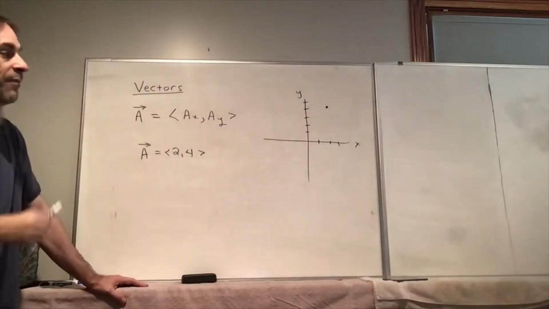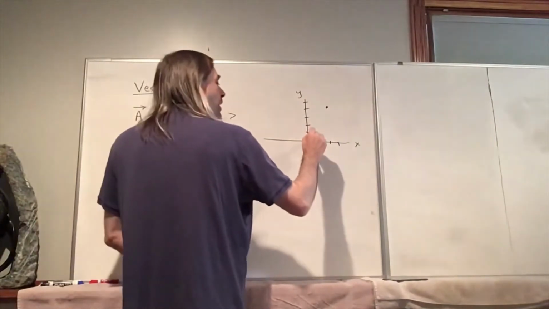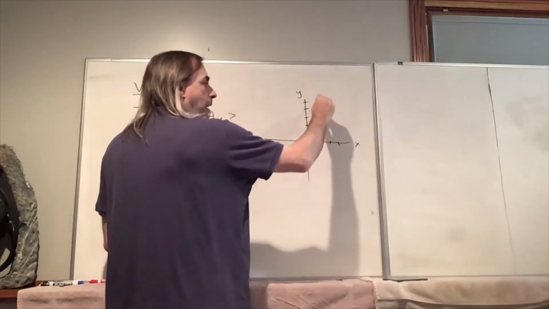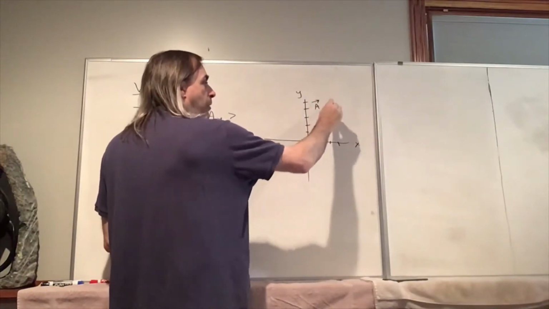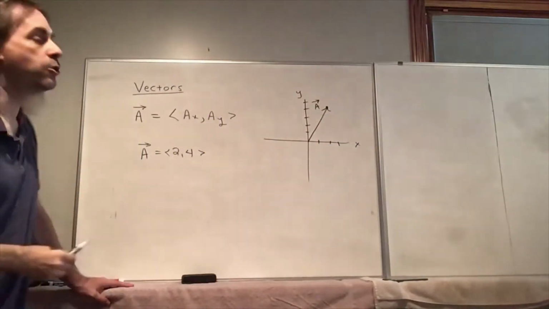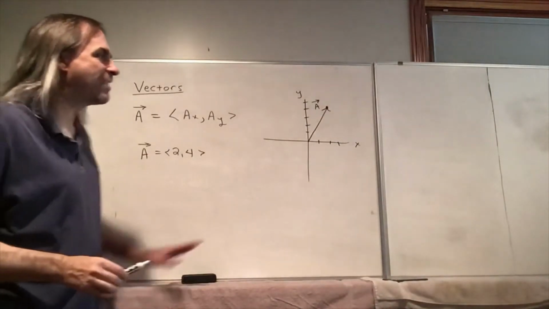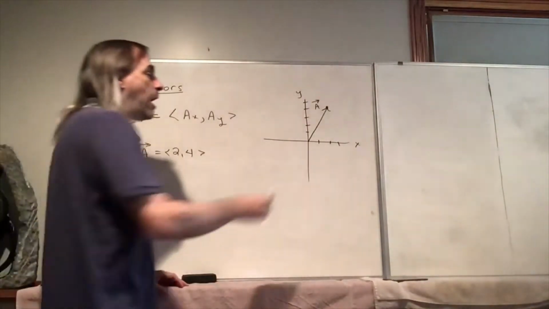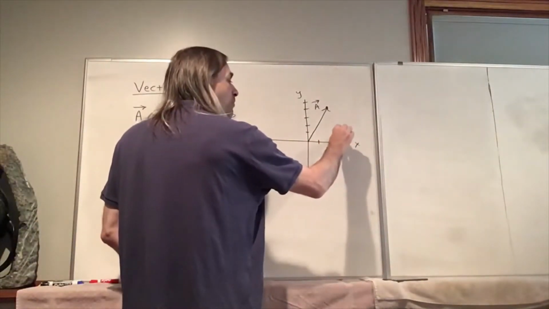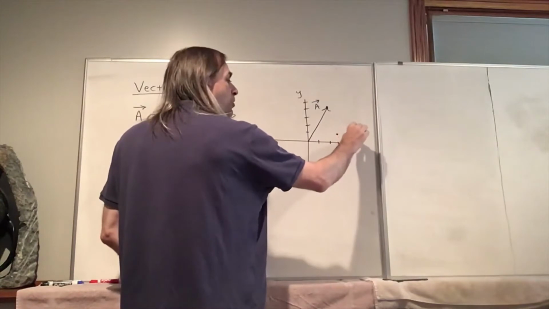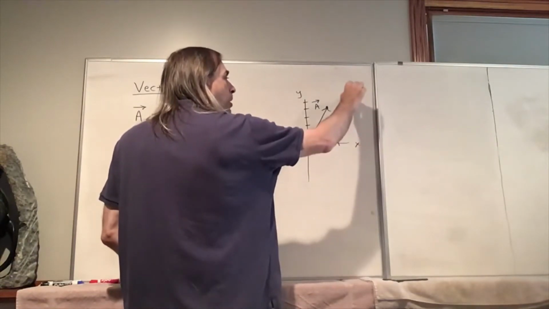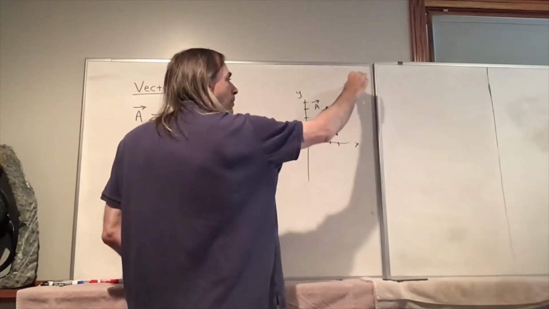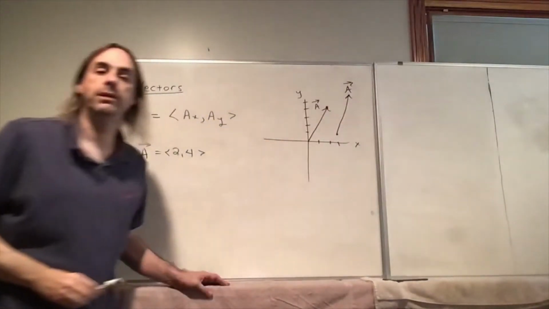So vector A would start at the origin and terminate at that point 2, 4. However, the vector exists independent of the coordinate system. So you could just as well start at this point here. If you go over 2 in the x and up 4 in the y, this vector is also A. These two vectors are exactly the same.